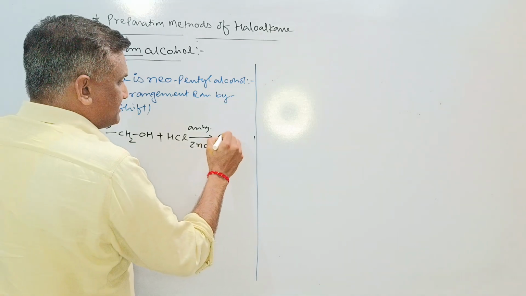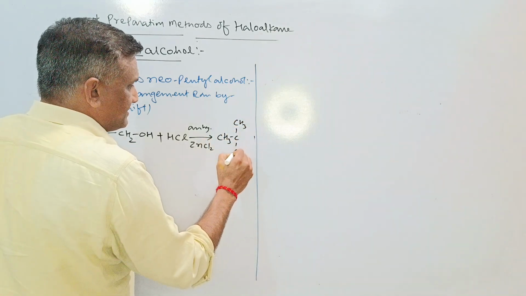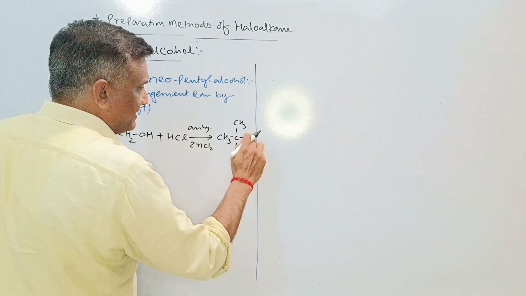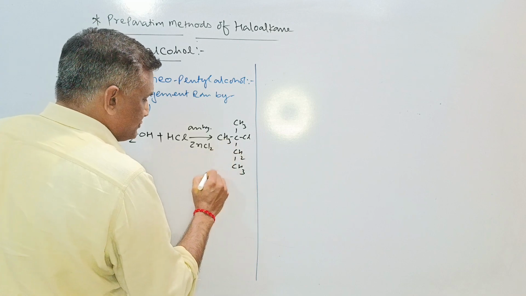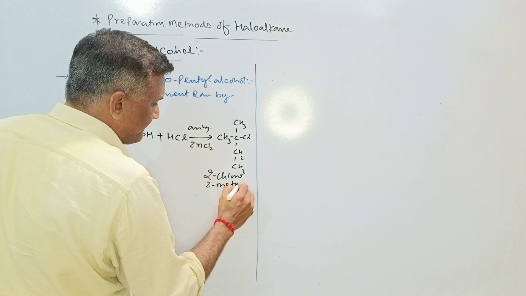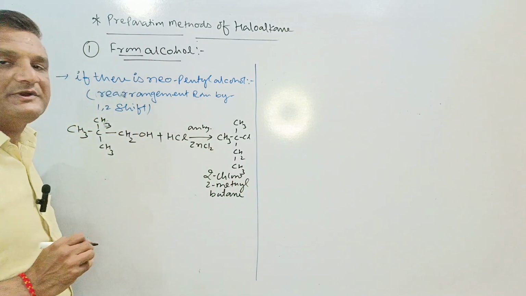The right product will be CH3, CH3, CH2CH3, and Cl. Here will be formation of 2-chloro 2-methyl butane. Why is this possible?